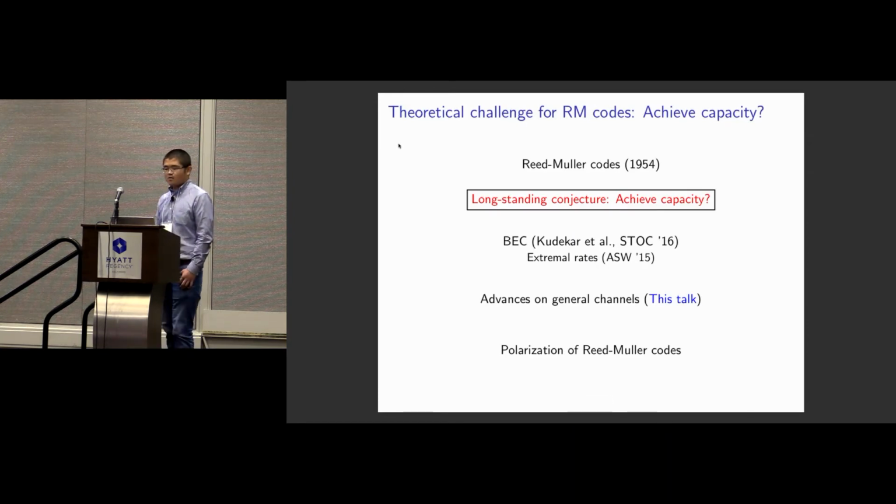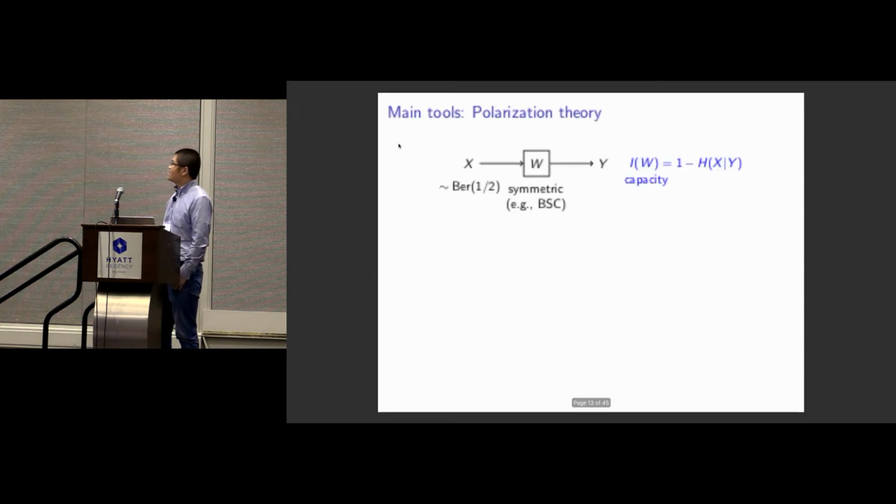And we show that actually Reed-Muller codes exhibit polarization behavior. And this is a necessary condition for Reed-Muller codes to achieve capacity. The main tool that we use to prove that Reed-Muller codes have this polarization behavior is polarization theory developed in the context of polar codes. So let me first give you this background.